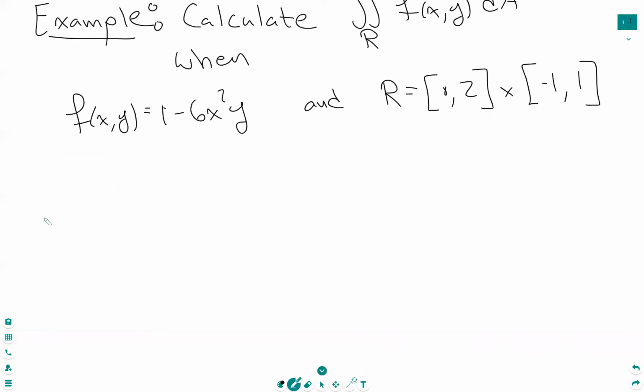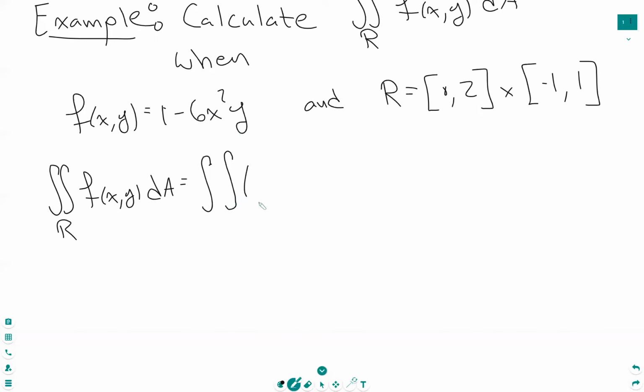So Fubini's theorem says that if this is the case, our double integral over R of our function f of x and y dA, we can either choose to do x or y first. So I'm going to write my double integrals here.